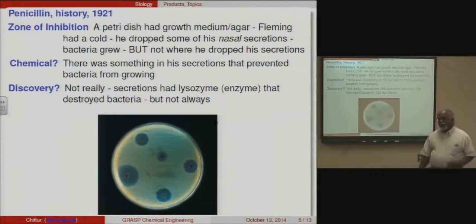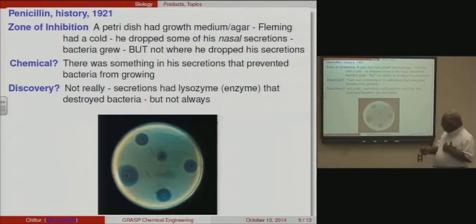And he noticed that wherever the secretions fell on the plate, the bacteria did not grow. So he said, oh, interesting. Maybe there's something in those secretions that prevented the bacteria from growing. But it turned out to be something called lysozyme, which is a protein that breaks down other proteins. So it's still useful, but not as useful as a drug.